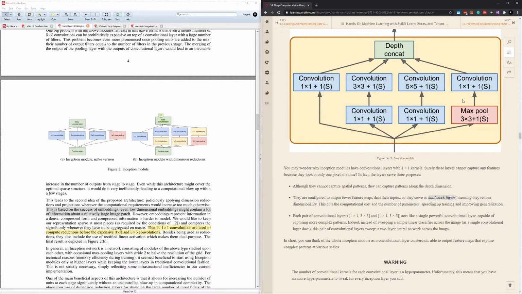So before these expensive vertically stacked middle layers come into the picture, that's what this Inception module is trying to balance, if I'm not wrong.